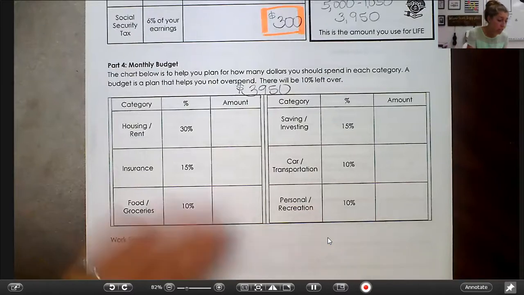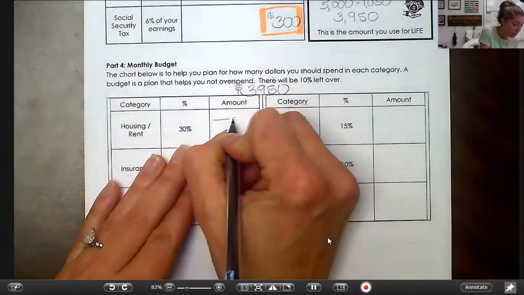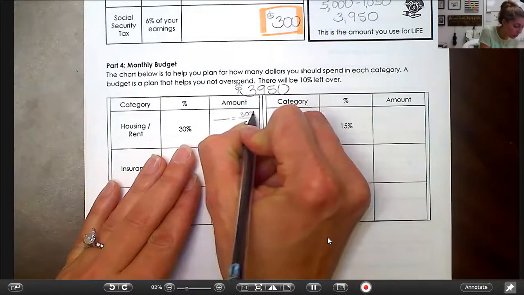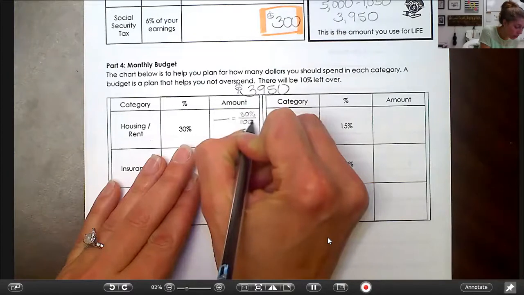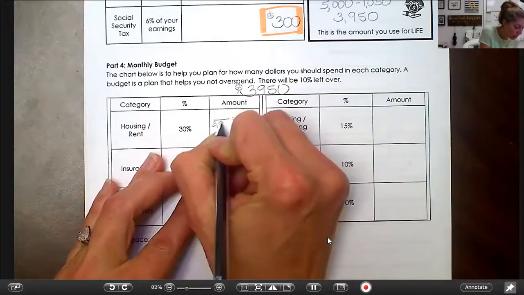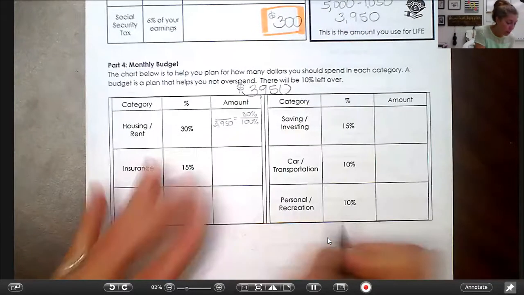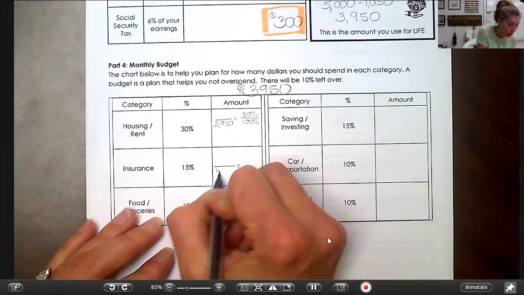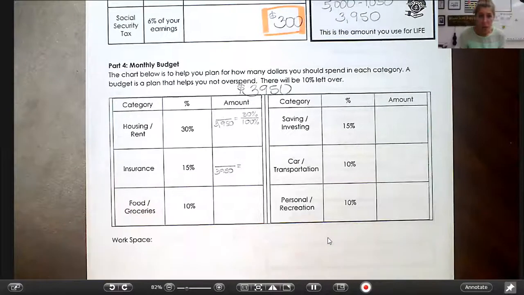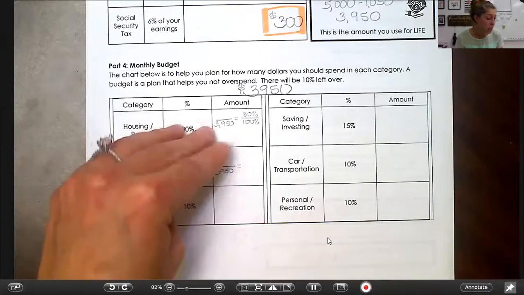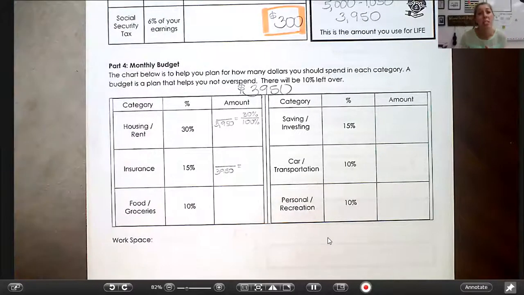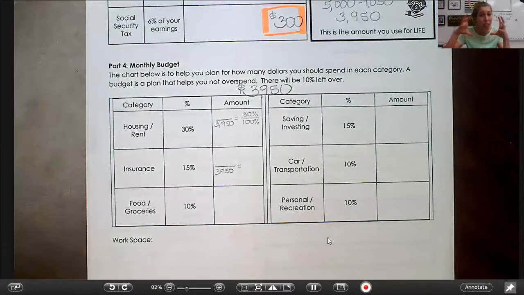So for me, again, I'm going to find 30% of that 3,950. I'm going to use that 3,950 all the way through. It's not like that money decreases after I pay for my house. That's the chunk of money, and it's like, what pieces go where, right?